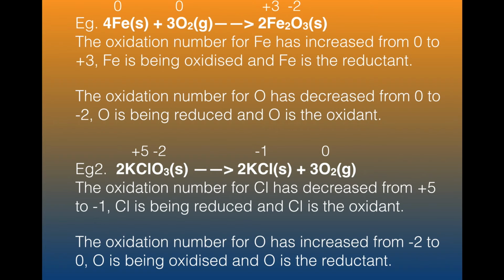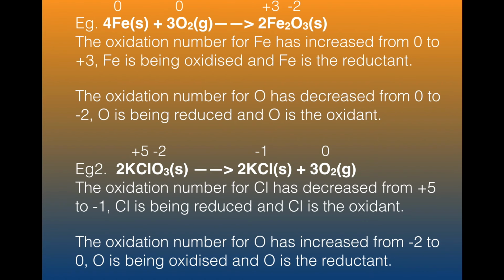The oxidation number for iron has increased from 0 to +3. Iron is being oxidized, and iron is the reductant. This is what we can tell from these changes in oxidation numbers. The oxidation number for oxygen has decreased from 0 to -2. Oxygen is being reduced, and oxygen is the oxidant.